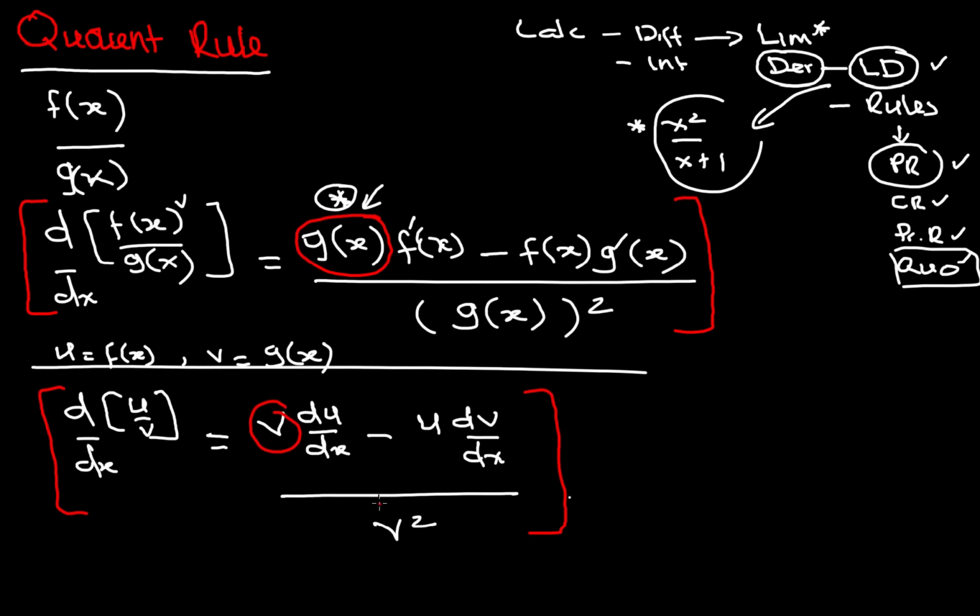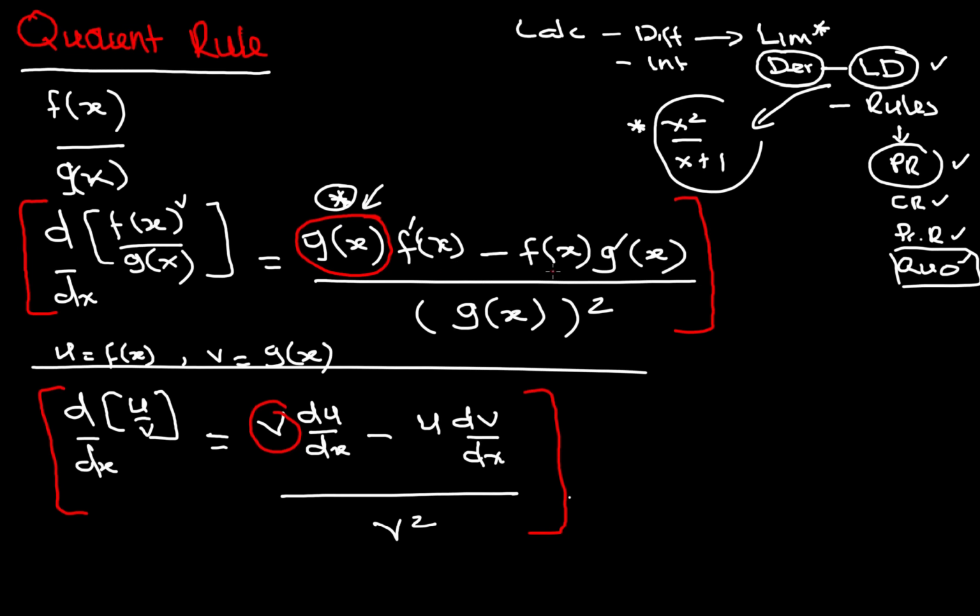Okay, let me repeat this. Very important. We have g(x) and then we have f(x). The normal thought would have been we start with f(x) here, okay, and then the derivative of g(x). But that's not the way it is. We start with g(x), the divisor, then the derivative of the numerator.